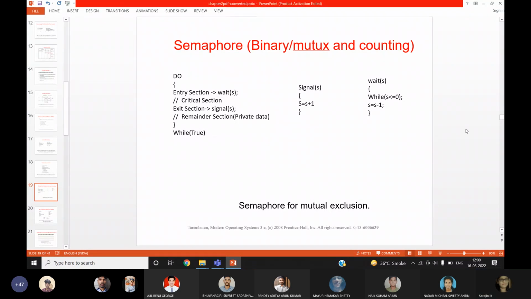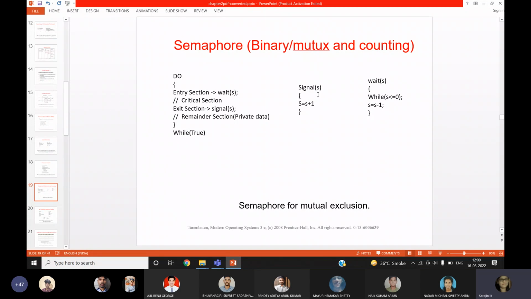Okay. So this is binary semaphore. So why binary semaphore? Because the S value can be 0 or 1, not anything else. You may ask, ma'am, S is just one variable. Why do they have to put a special value for that variable? See, when we generally call a variable, it may have varying values.